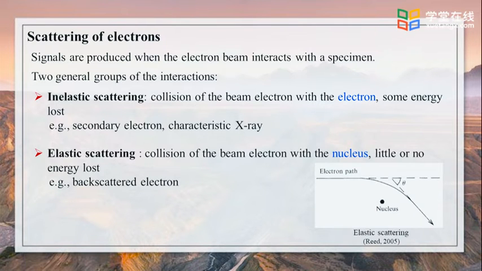The other is elastic scattering. It occurs when a beam electron interacts with the electric field of the nucleus of a specimen atom, resulting in a change in the direction of the beam electron, without a significant change in the energy of the beam electron. For example, the generation of backscattered electron.